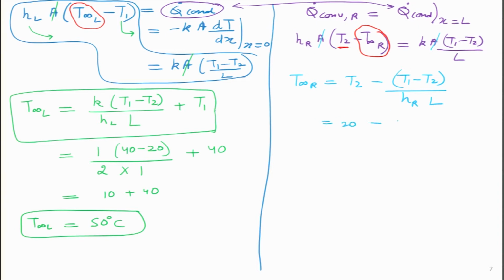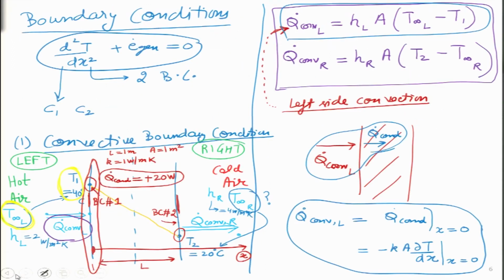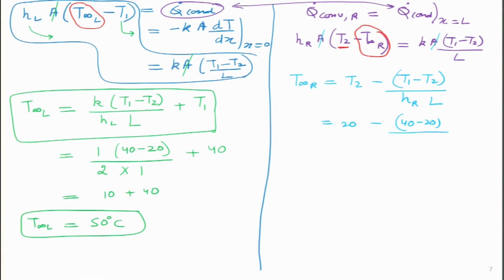This was 20, this is 40 minus 20. The h_R value, if you go back over here, we have taken slightly different from the h_L value, we have taken it as 4 into 1. So you can see it will turn out to be 20, this thing will perhaps be 5, so we get 15 degrees, which means I can write T infinity R is 15 degrees.